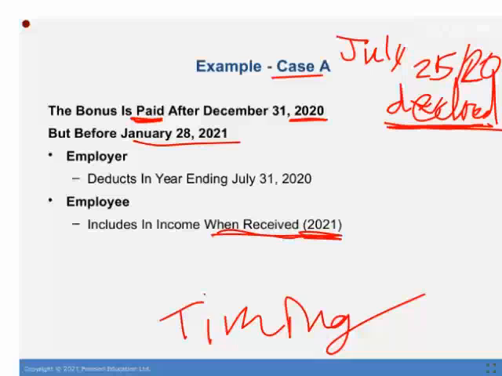If you're thinking about the accounting, it would be sitting as a bonus payable on the books. You would debit the expense account, claim that deduction, and credit your bonus payable. So it'd be sitting on your balance sheet as a bonus payable, basically accrued. So that's the accounting perspective.